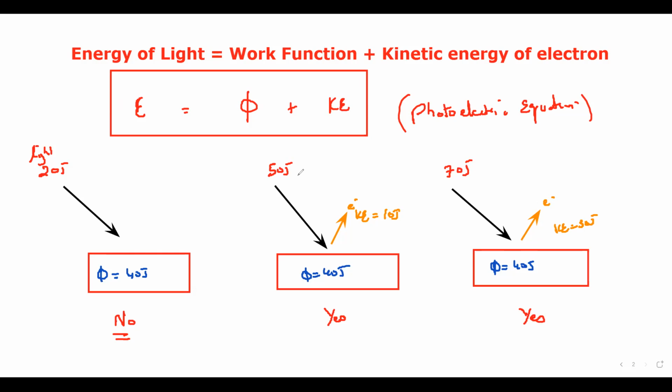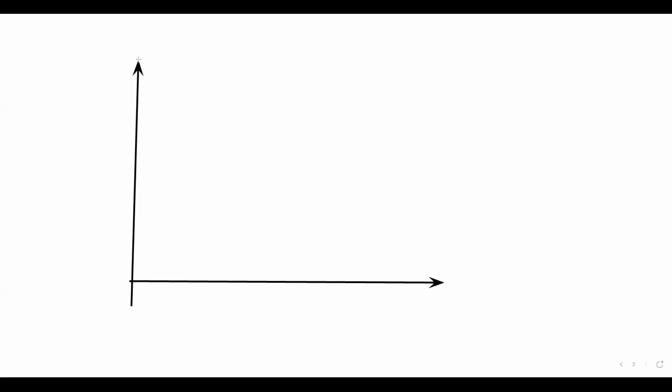So let's sketch a graph of the kinetic energy against the energy of the incident light. On the x-axis we have the energy of the incident light, and on the y-axis we have the kinetic energy of the electrons.